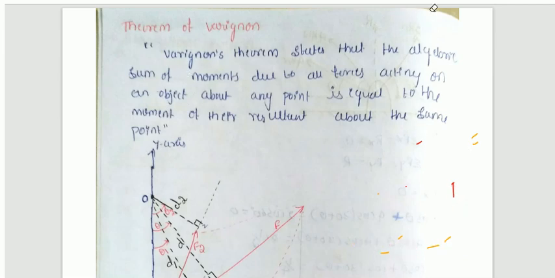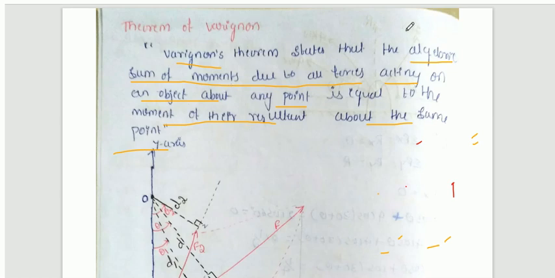Varignon's theorem states that the algebraic sum of moments due to all the forces, it may be 2, 3, 4, acting on an object at any point is equal to the moment of their resultant about the same point.